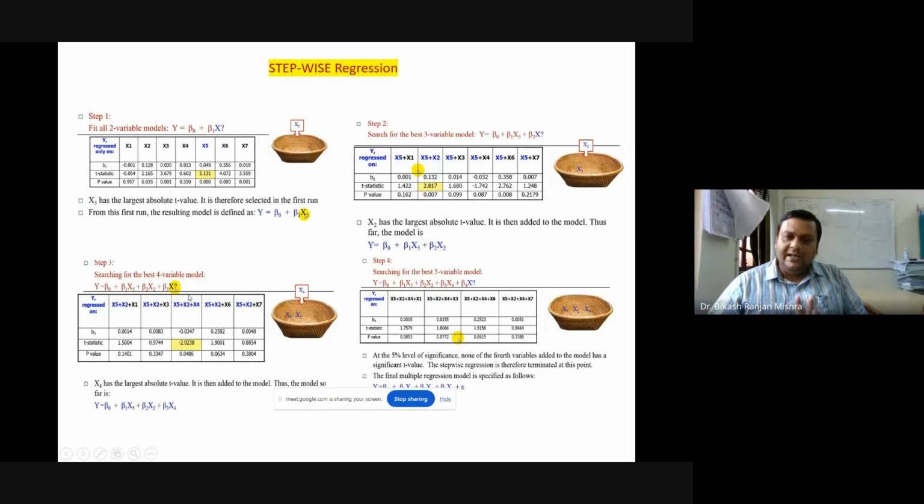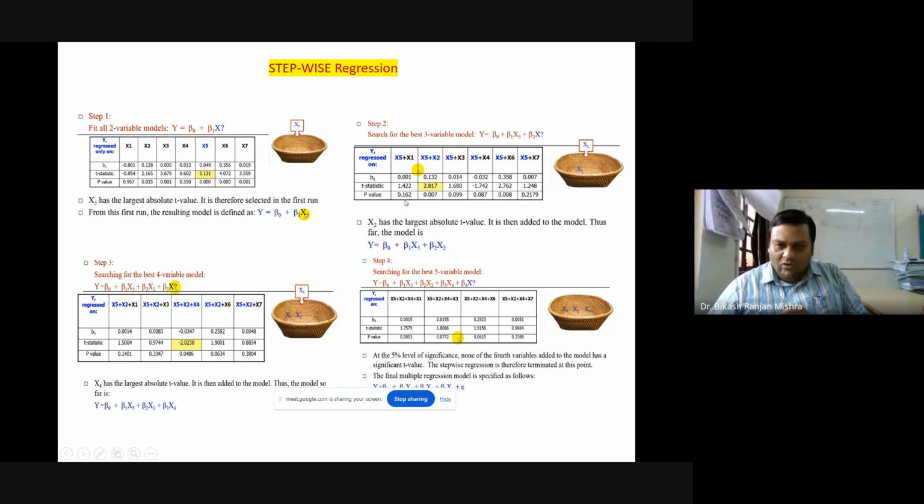And similarly, do the exercise continuously, and ultimately you come out with a solution where, once you obtain x5, x2, and x4 in the third round, in the fourth round none of the further variables are found to be significant, and accordingly there is no need to take more than x5, x2, and x3.